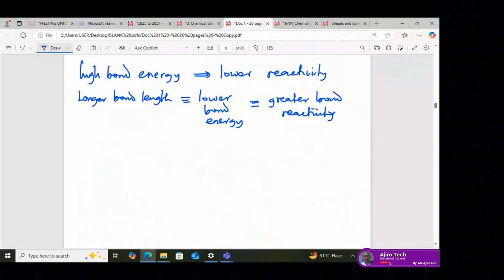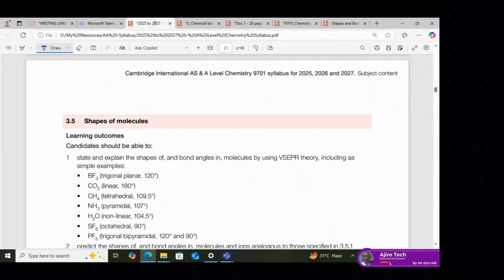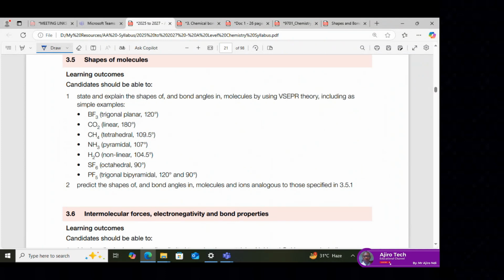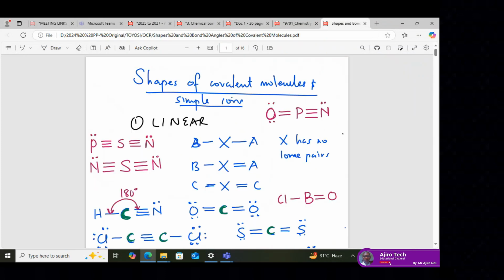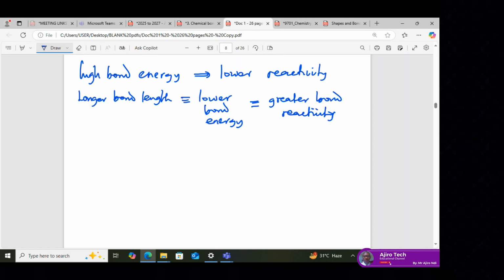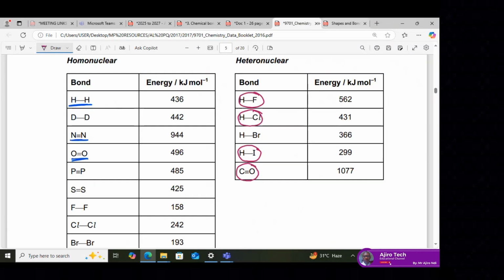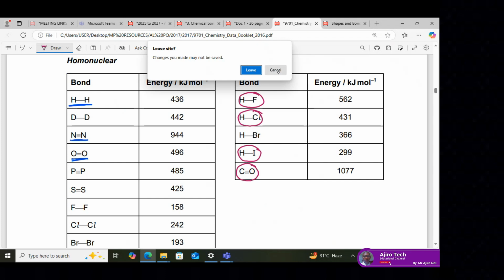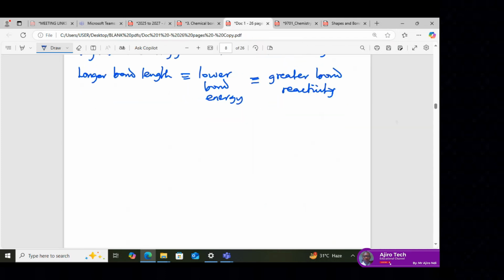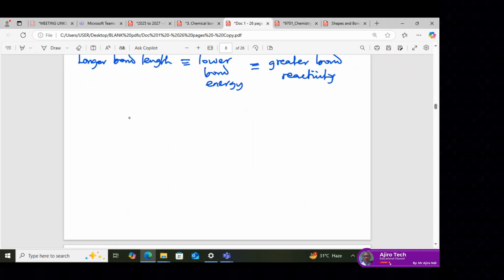Now, next in your syllabus is shapes of molecules. Now, covalent bond. When I said covalent bonds are directional, what do I mean by that? Let me explain.